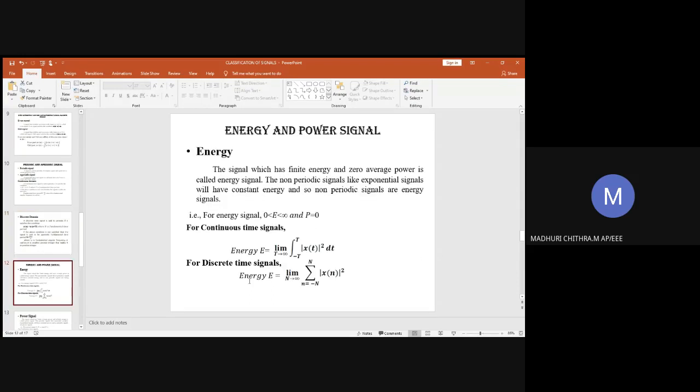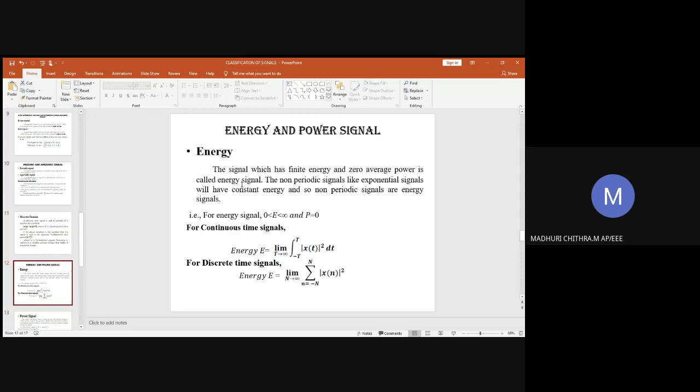Next, energy and power signals. Energy and power signals are very important from the examination point of view. Signals which have finite energy and zero average power are called energy signals. If it is an energy signal, its energy should be finite, and its power is zero.